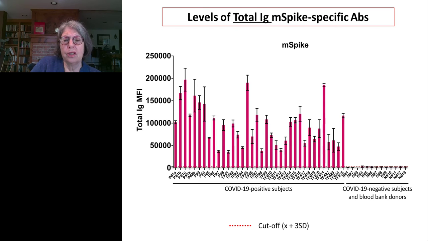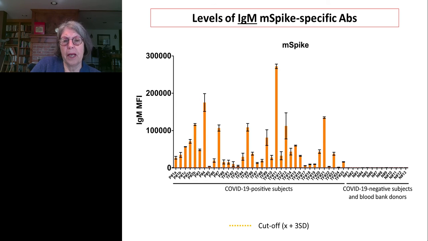So in order to understand better how to analyze the data, what we did was take each one of these graphs and divide it into quartiles. So for the IgM graph, for instance, we counted up the number of specimens that had between cutoff and 50,000 MFI, and we said that that was the number of specimens in the first quartile.